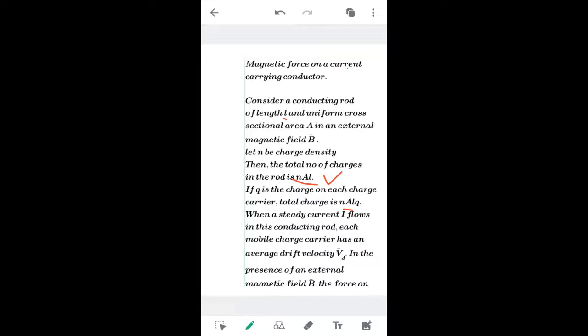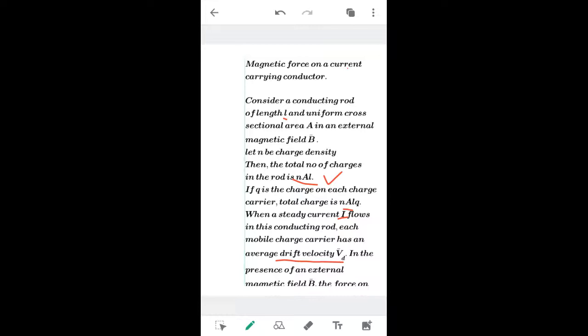Now let us take that a steady current is flowing in the conductor, then there will be an average drift velocity Vd. We have spoken about drift velocity in the last chapter, current electricity.